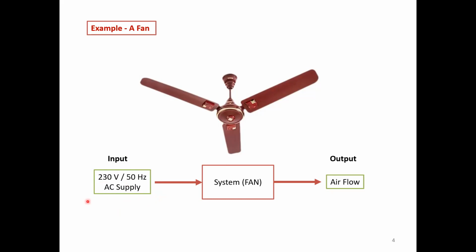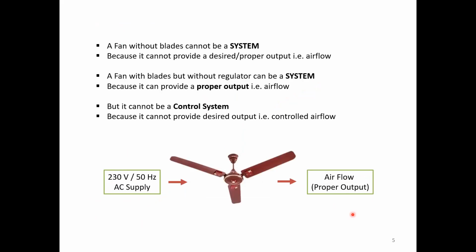And what are you getting as the output? Airflow. So we are giving the AC supply as an input, and we are getting airflow as output. The fan, the combination of other things, is known as the system.